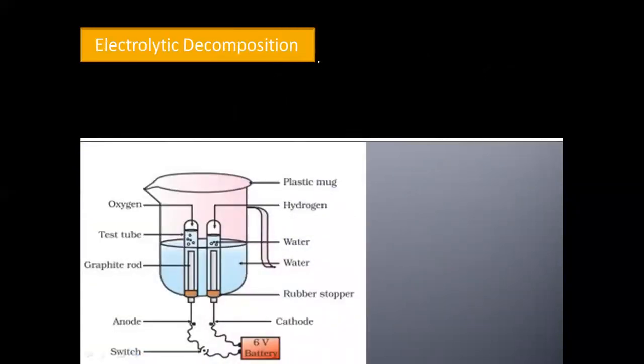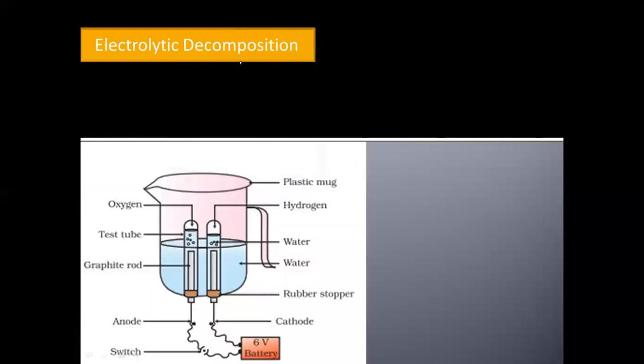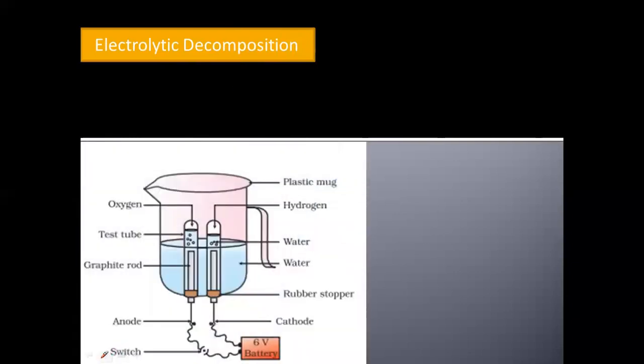Let's take electrolytic decomposition. What's the cause for this process? The cause is electricity. This is the cause. I have the diagrammatic representation from NCERT given here.